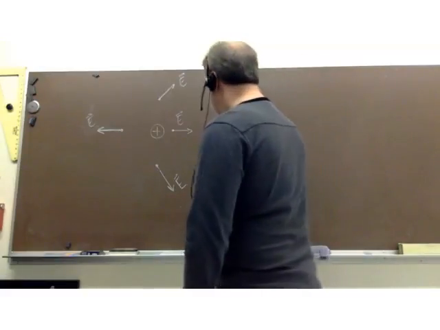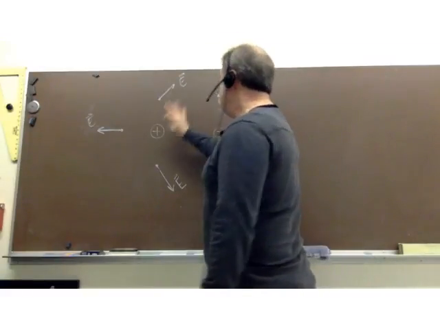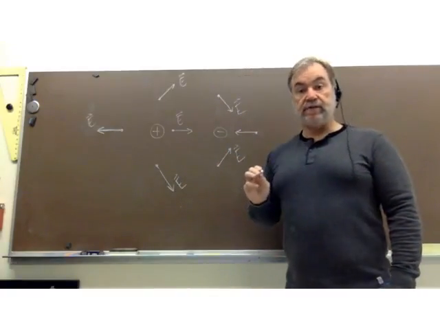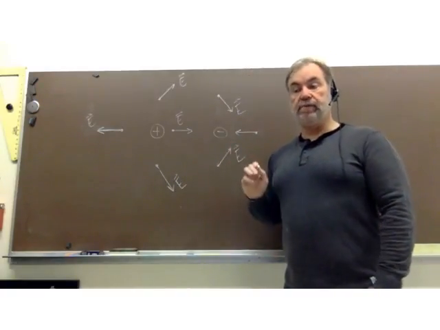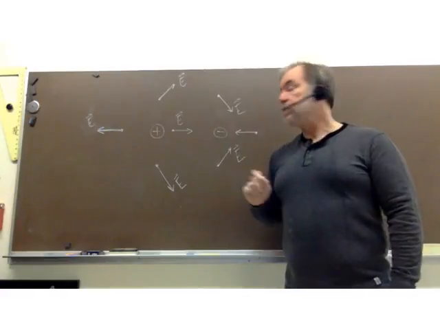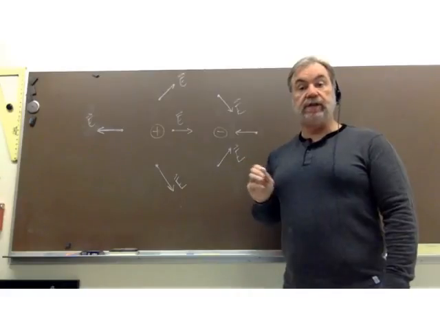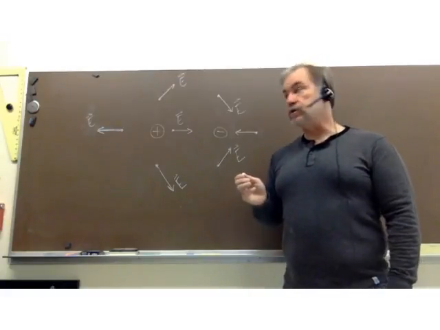And so what the field diagram does is it replaces all of these vectors with the diagrams that we've seen before. And frankly, the field is just easier to understand, easier to picture.